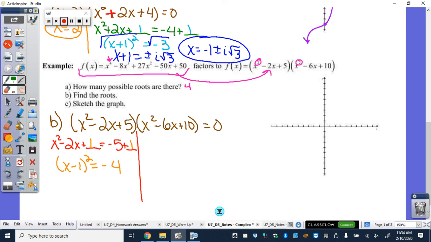So we have x minus 1 squared equals negative 4. Square root both sides. Add your 1 over and we get 1 plus or minus 2i. Are we going to be able to graph that on our x-axis? No, because they're imaginary.